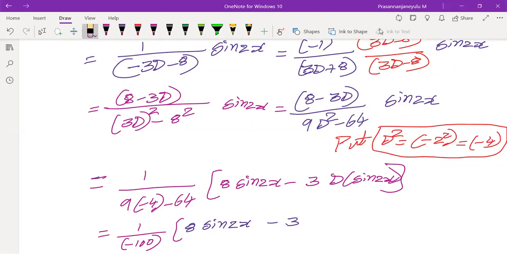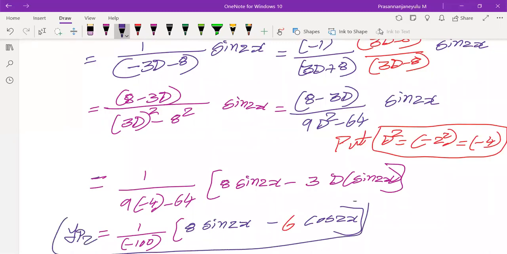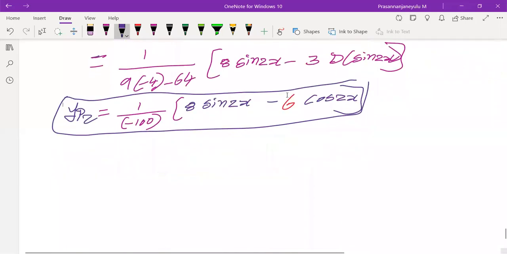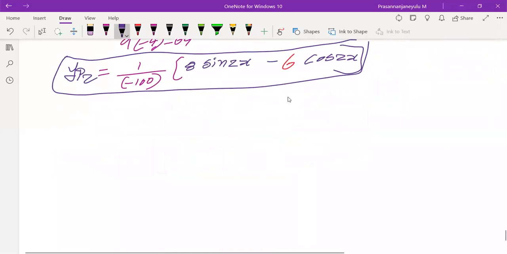So we get 6 times cos of 2x. This is our yp2. If you want, we can take this minus sign inside the brackets. It will become 6 cos 2x minus 8 sin 2x. Now we have to go for finding yp3. What is our yp3?